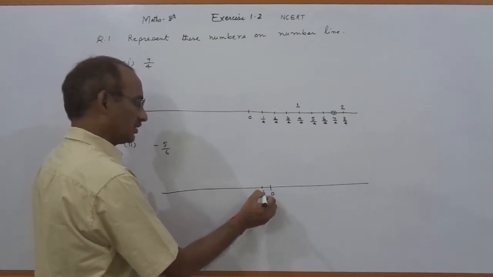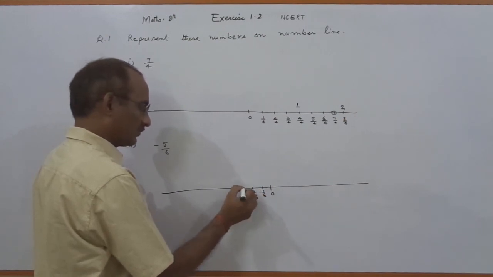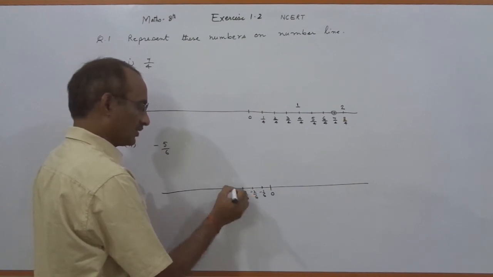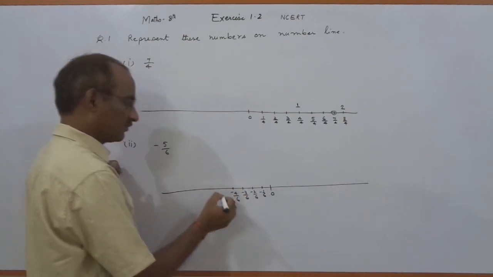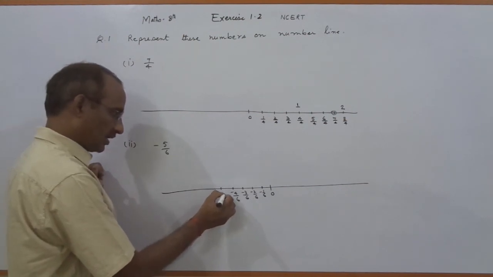minus 1 upon 6, minus 2 upon 6, minus 3 upon 6, minus 4 upon 6, and this is minus 5 upon 6.